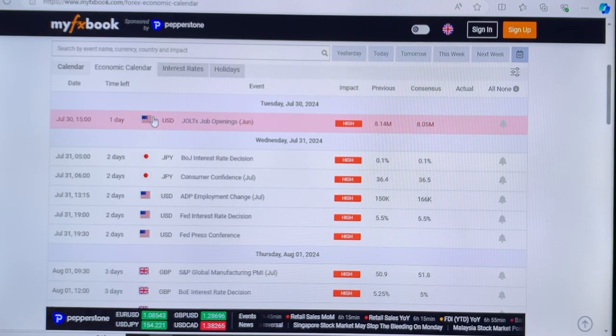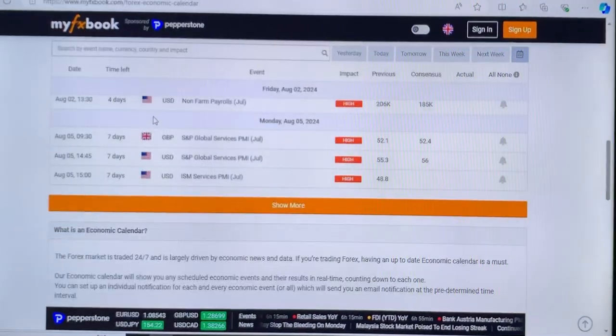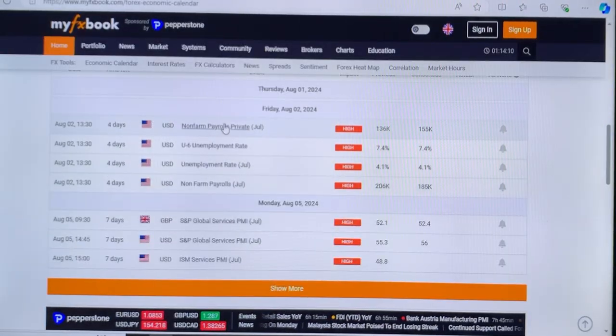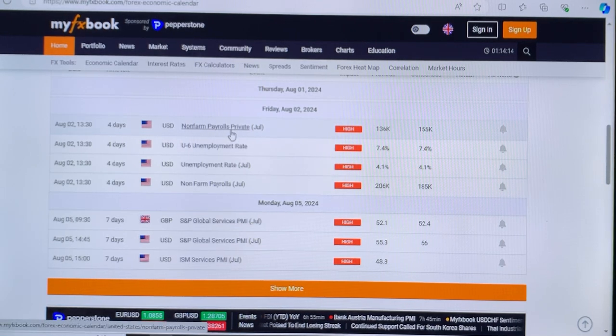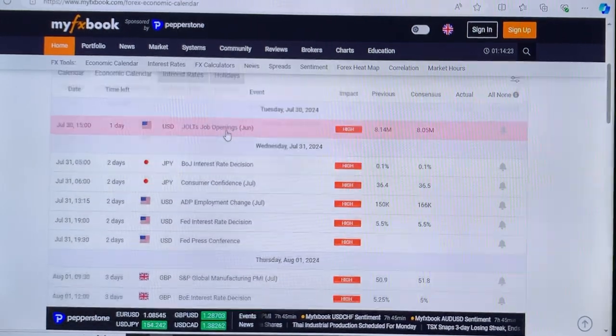It takes practice to understand some high impact news like the NFP, non-farm payrolls, on Friday. That's one of the most high impact news coming out. But sometimes the price action can differ. It might not really be as volatile as we think it is.